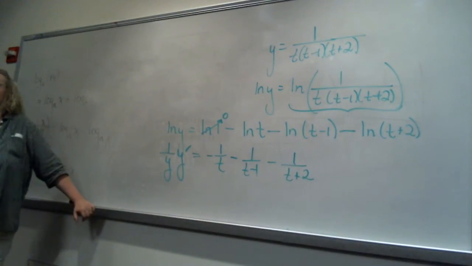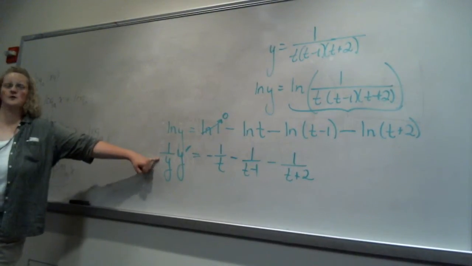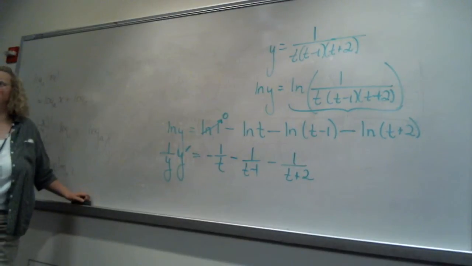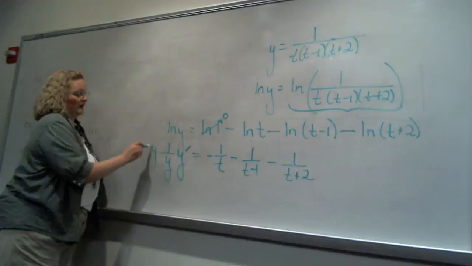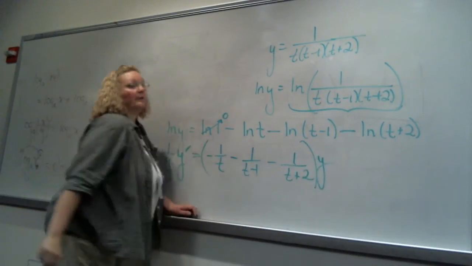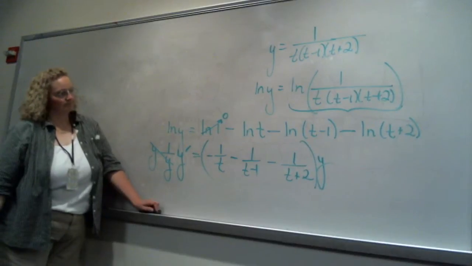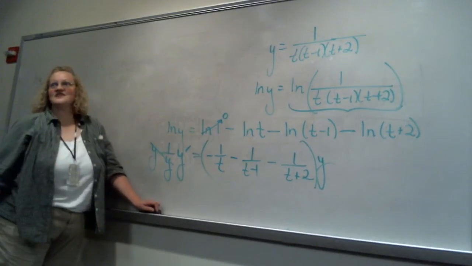Now, we can't leave it like this because why? Because y prime isn't by itself. So what do you have to do to solve for y prime? Multiply both sides by y. And what is y again? That nasty top thing.